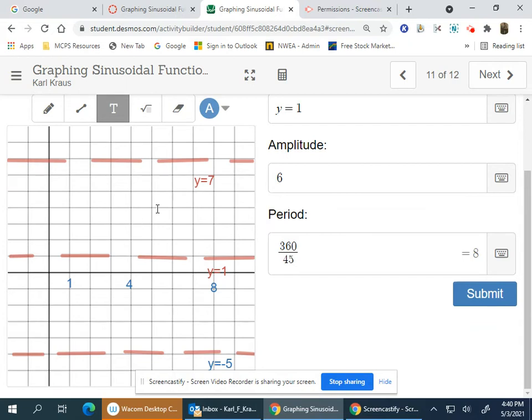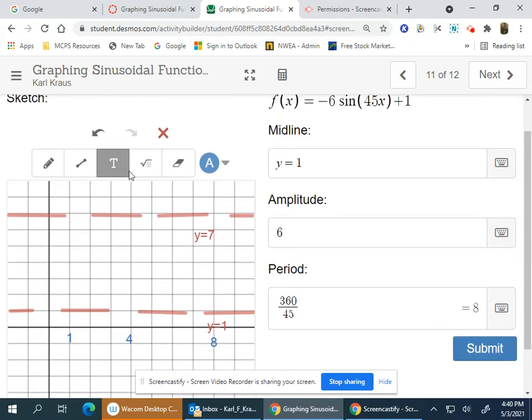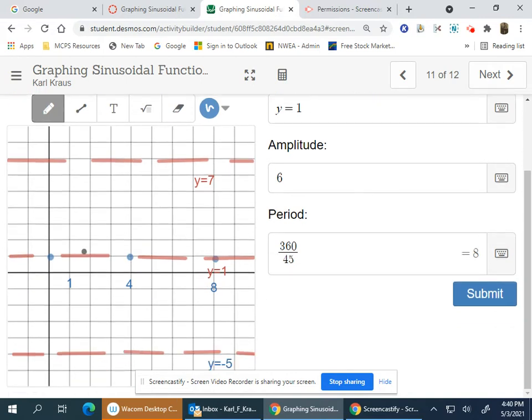Negative cosine curve. So I'm going to start on the center line. And then at my period, halfway between, I'm on the center line, and then at 2 being a minimum. And at 6 a maximum.